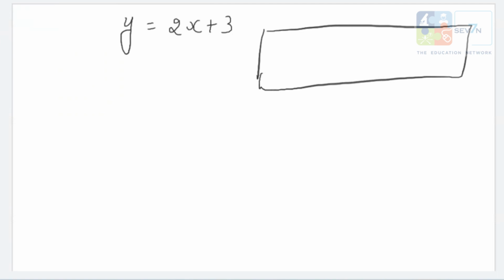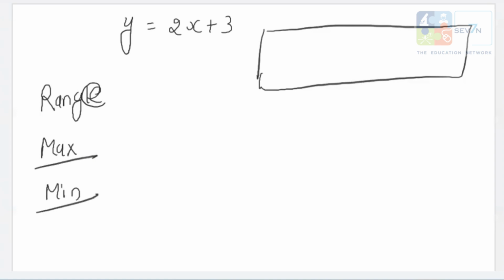But in case of trigonometric functions, you are always using the range of the trigonometric functions. Range means the maximum value and the minimum value of that trigonometric function, and try to understand that the curve is passing through which axis, above the x-axis, down the x-axis, just left to the y-axis or right to the y-axis.